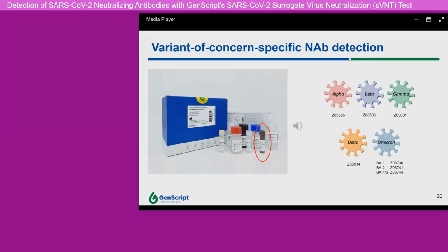The RBD HRP that comes standard in the kit is wild-type based, and this can easily be swapped out for one of the variant reagents specific to the investigation. These reagents are provided so that equivalent dilutions are made as you would use the component that comes standard in the kit.